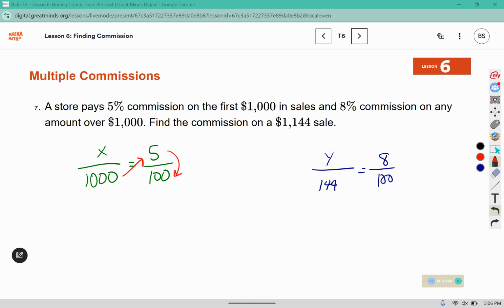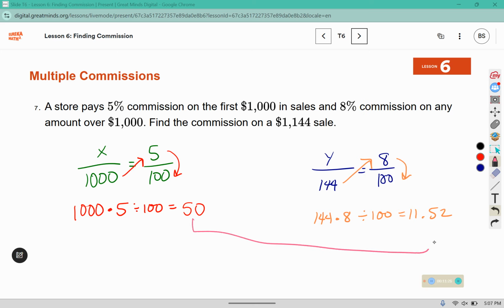Cross multiply and divide. 1,000 times 5 divided by 100 is $50. 144 times 8 divided by 100 is $11.52.